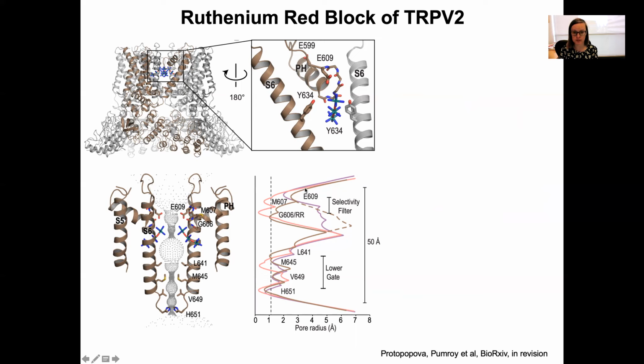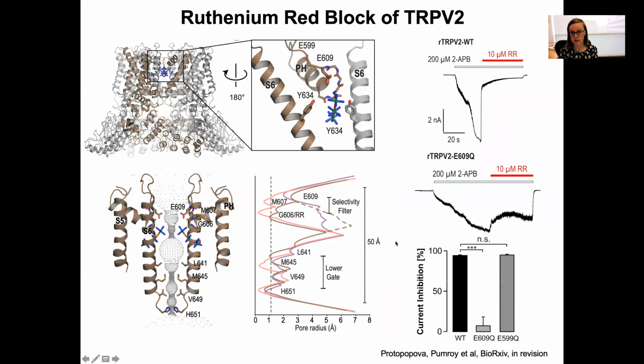In the presence of ruthenium red, shown here in brown, it is a completely blocked channel and no ions can go through. To confirm that, we did mutagenesis of the residue that we think interacts with ruthenium red. It is glutamic acid 609, and we could see that abolishing E609 prevents the block of the channel.